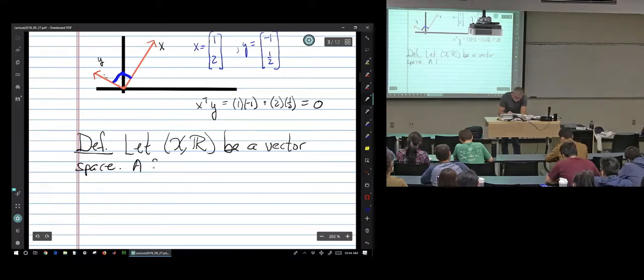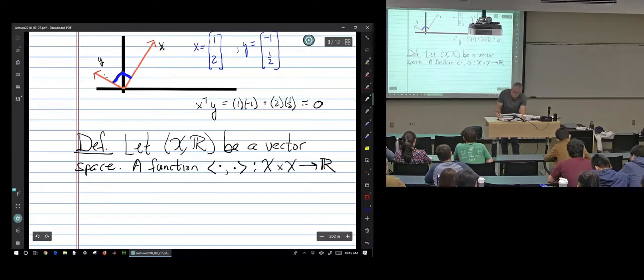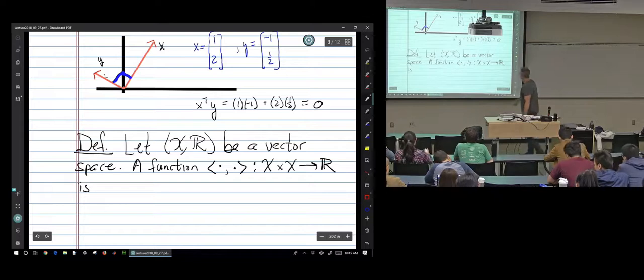A function that we're going to denote by a pair of brackets, and it has two dots in it because it takes pairs of vectors and maps them to the reals, okay? You'll get used to this really quick. Right now it seems kind of crazy.